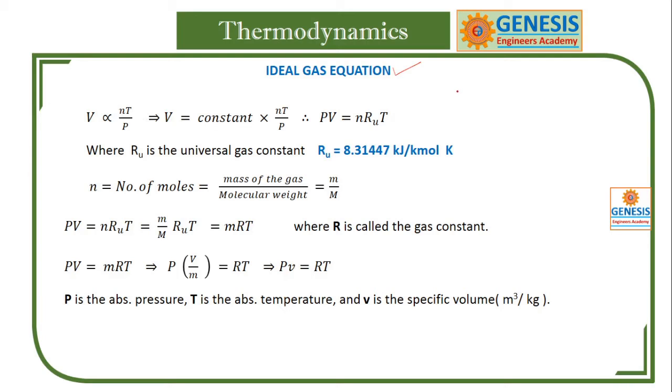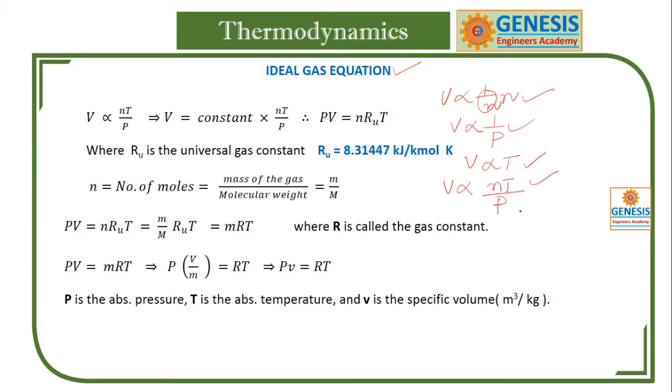Now we have discussed three laws: V proportional to 1 by P, V proportional to T, and V proportional to N. These are Boyle's law, Charles' law and Avogadro's law. If you combine all these, N and T are directly related and P is inversely proportional.